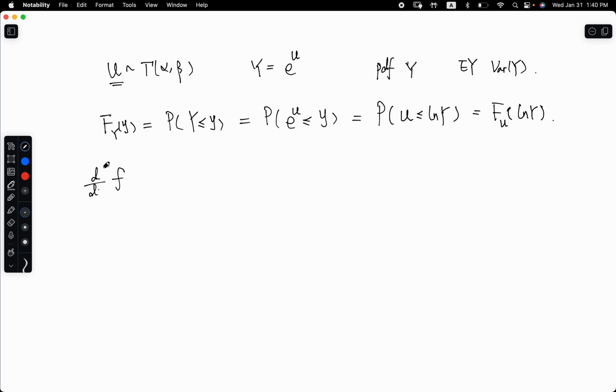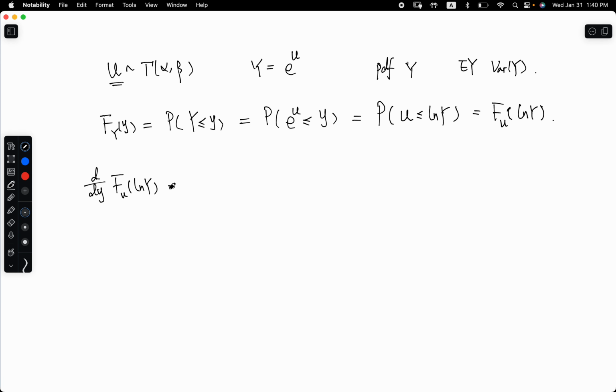Okay, so to get the PDF, we need to take the derivative of the CDF of U and evaluate at this quantity here.